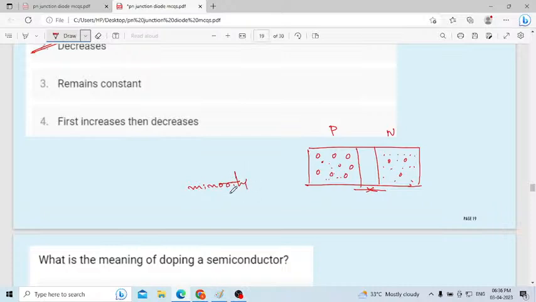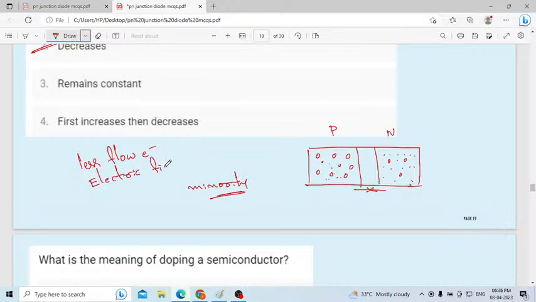Only a small amount of energy, so there is less flow of electrons. When there is less flow of electrons, whatever electric field is generated here is also very less.